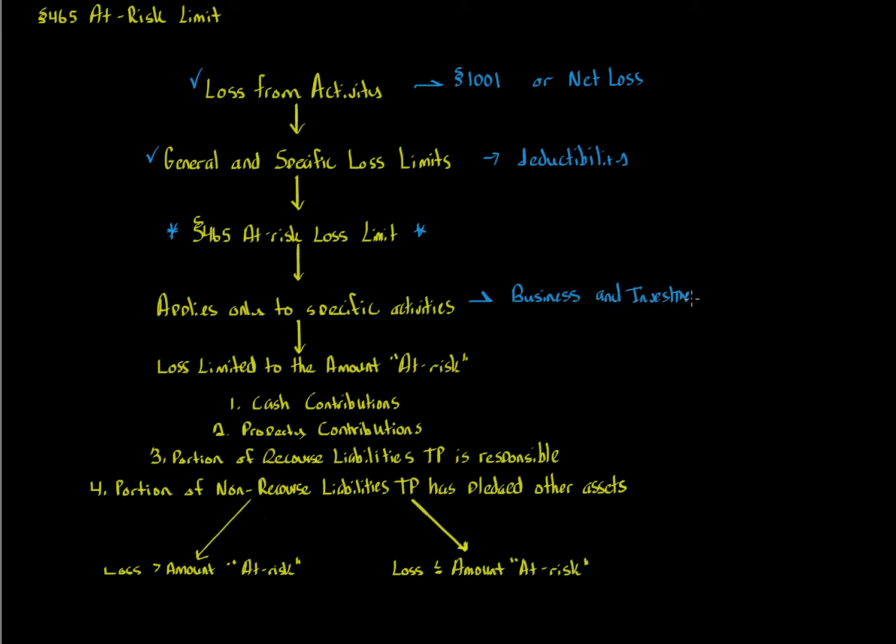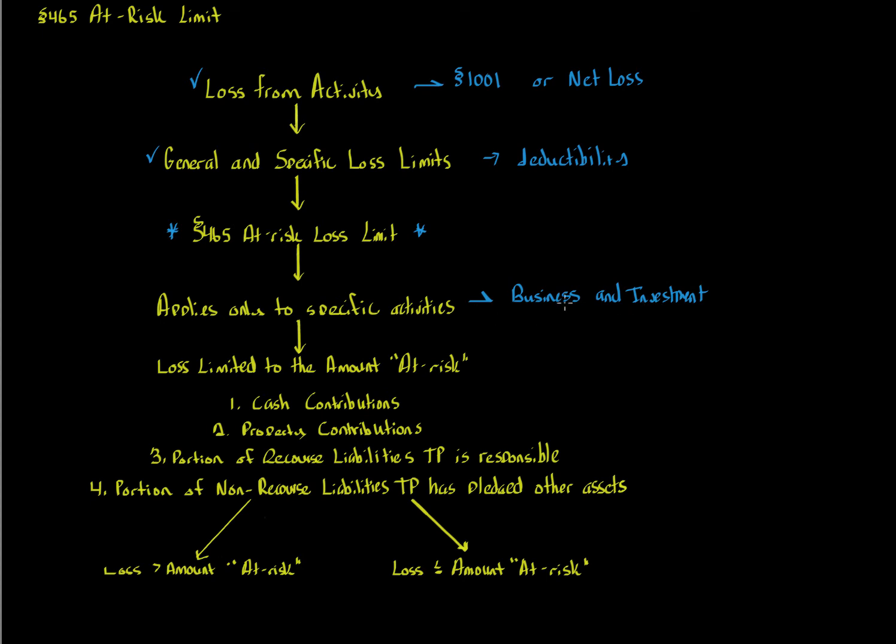Now, if you recall, personal activities, generally you can't take losses. You can't take losses with respect to personal activities. You see that up here with respect to the general loss limits under Section 165. So this Section 465 applies to all business and all investment activities. That's important to understand. If you've gotten this far, you probably are a business or investment activity. So it applies to both of those.